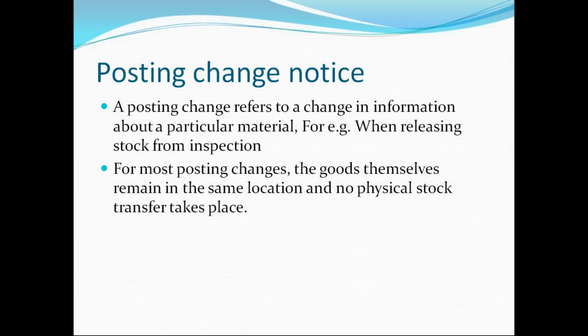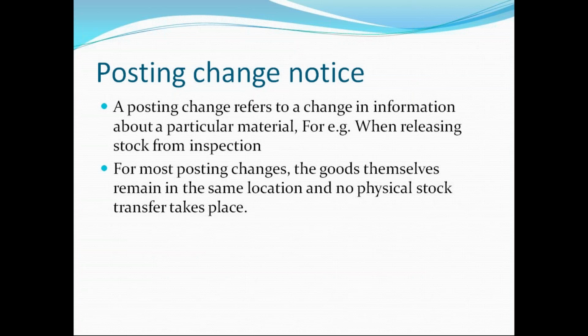So it means that the stock will be the same, but the category changes, because we can use only the material which is present in the unrestricted stock. The material that is in quality or blocked cannot be used.